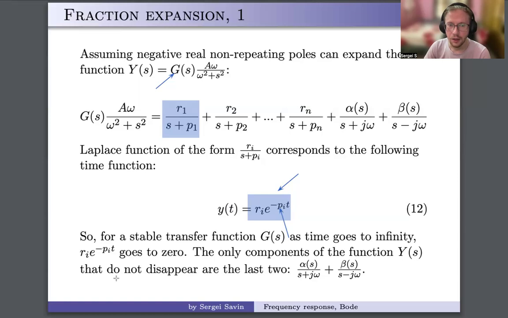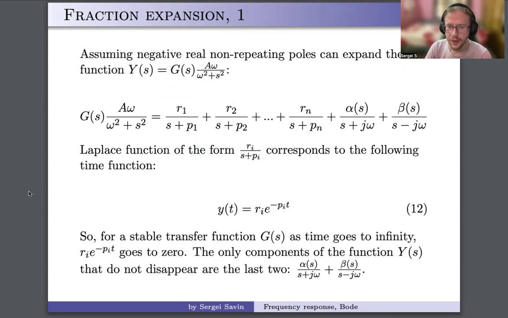This would mean that the contribution of all of those components to the steady state solution is going to be 0. So they're going to disappear into 0. That is what we call the general solution. That is the part of the solution that has to do with how the system reacts to initial conditions. So these guys are going to tend to 0.